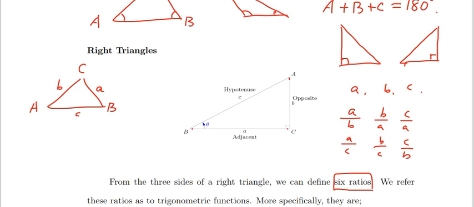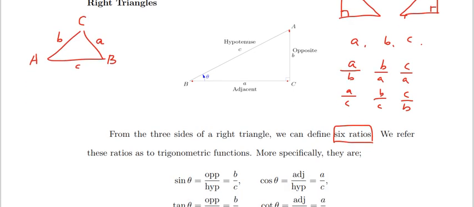Which ratio is sine, and which ratio is cosine? We say the ratio b over c is sine. We just remember it this way: sine of this angle is the opposite side over the hypotenuse.